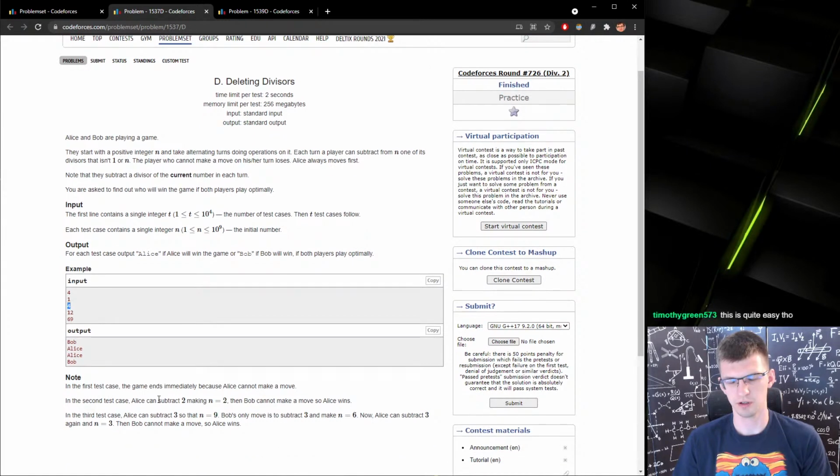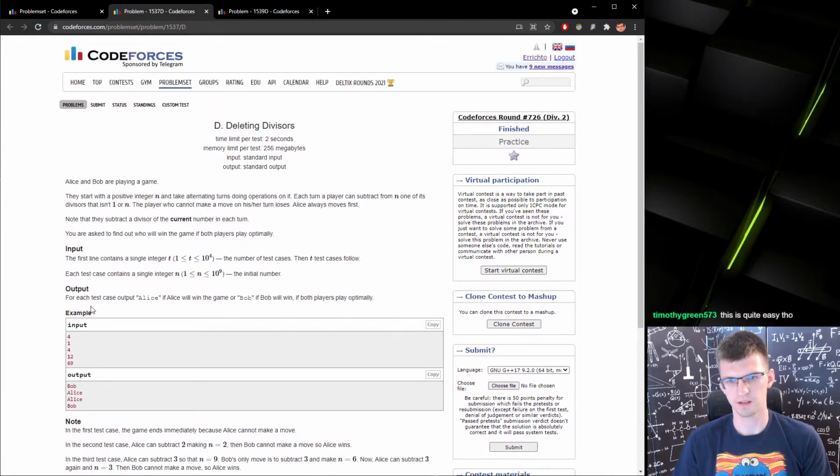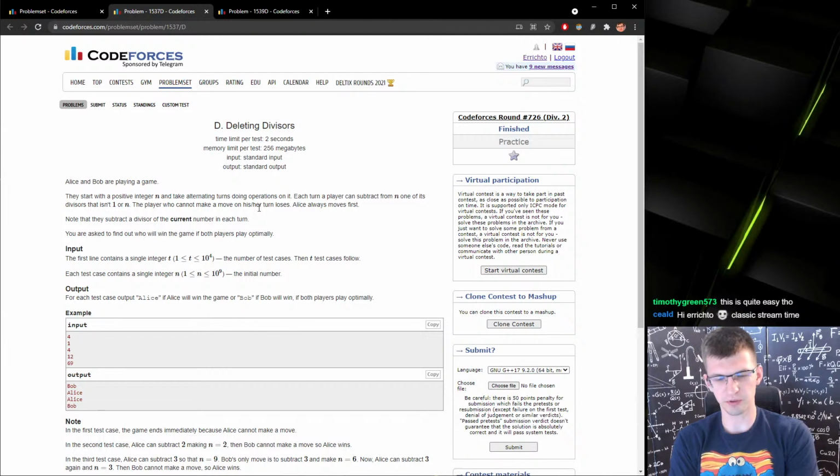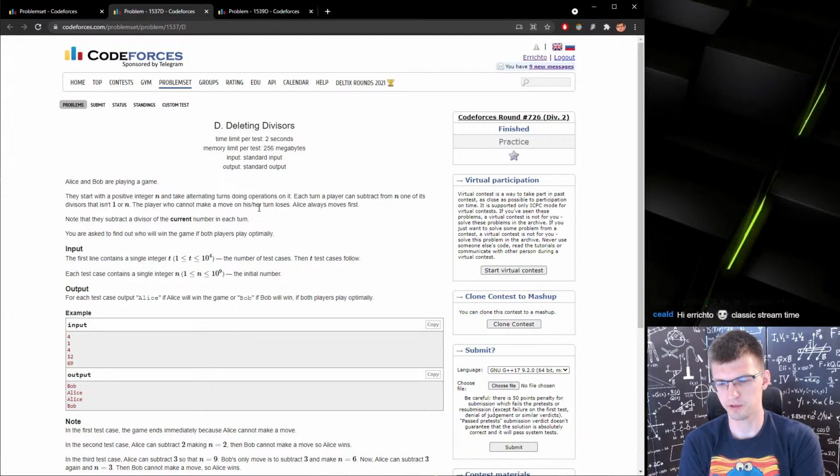There is a 4 here, subtract 2. I see. So if in the input there is a prime or 1, then you cannot do anything. Otherwise, you have some number of possibilities. In particular, you can very often subtract 2.